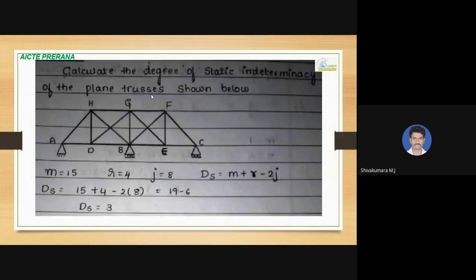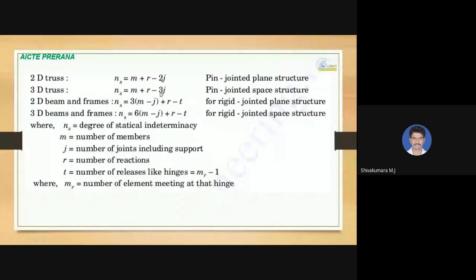So some examples. Here we have taken one plane truss. It is 2D, so for a 2D truss the formula is m plus r minus 2j. Here we have to count the number of members, the number of reactions, and the number of joints for calculation of the degree of static indeterminacy.